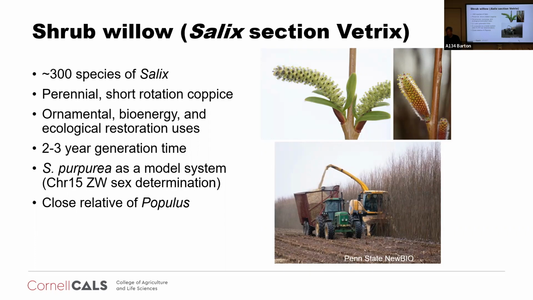Willows flower in the spring, and floral buds are set the summer before. In upstate New York, they can see the histological difference between male and female in around August, but that's just when you can observe it. It's obviously been initiated before that, and it will vary based on other factors.